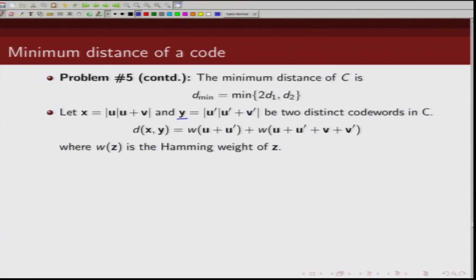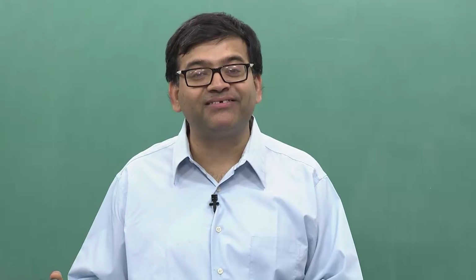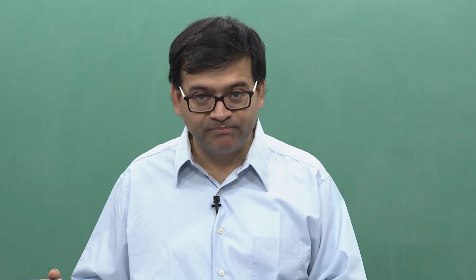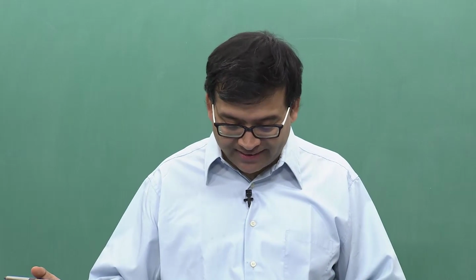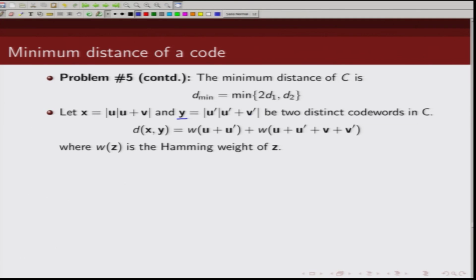What is the Hamming distance between X and Y? We can write it as the Hamming weight of U plus U prime, plus the Hamming weight of U plus V plus U prime plus V prime.